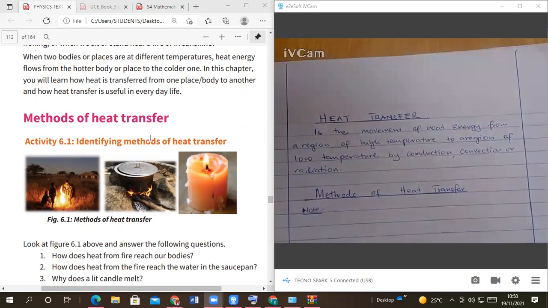When heat is transferred, normally it is transferred from a place or body at a high temperature to a body of low temperature.